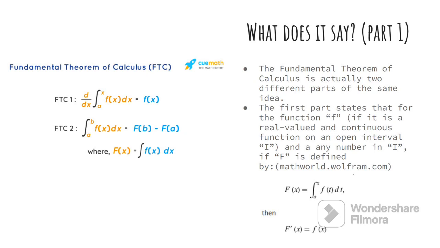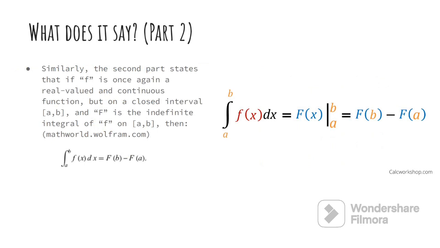Oh, crazy, right? Well, wait, it gets even crazier. Well, or simpler, depends on how you look at it. With the second part, it's similar, but there are a few key differences.